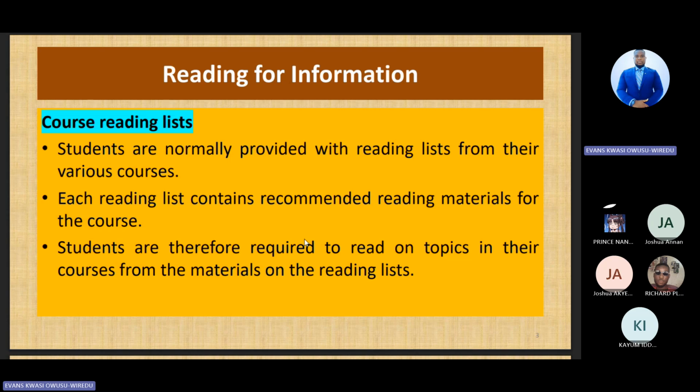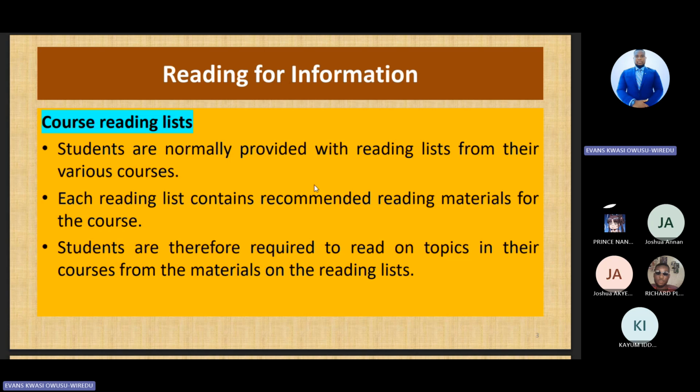So basically, in academic discourse communities, you are going to have a group of people called students, who would be interested in information that they will be assessed on, or information on the various courses that they are learning.